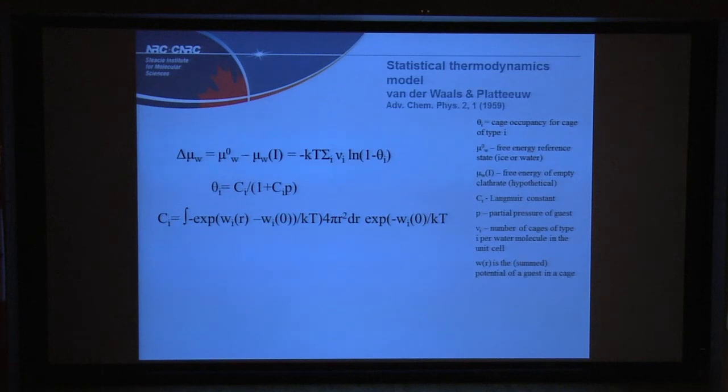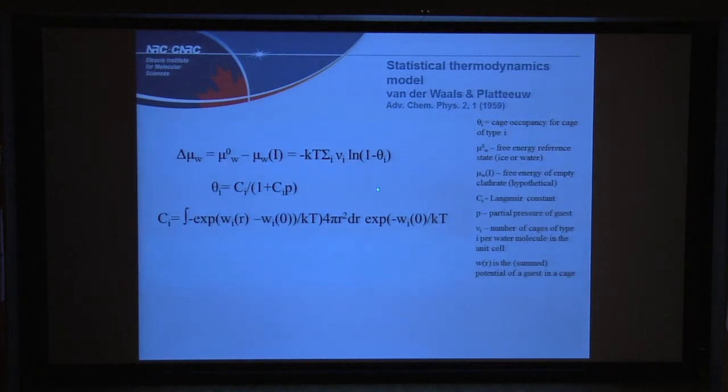The statistical thermodynamics model, as proposed by van der Waals and Platteeuw, actually dates to 1959. And this is the basic equation that is used to describe clathrate hydrates. And it takes free energy terms, like the mu values here. So this is macroscopic, and it relates it directly to the occupancies of the cages. And all the parameters are explained here. So this connects the microscopic world to the macroscopic world.